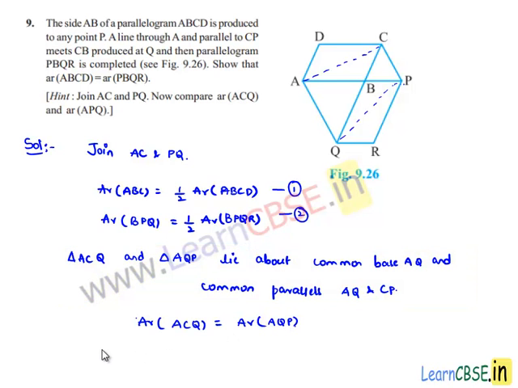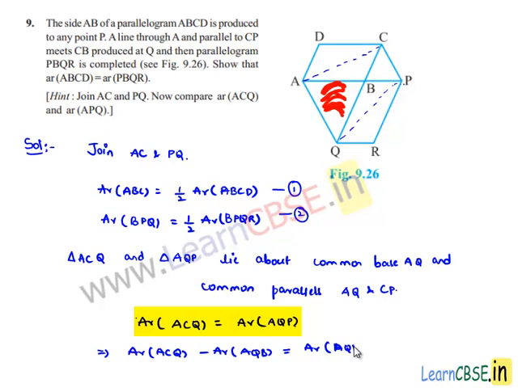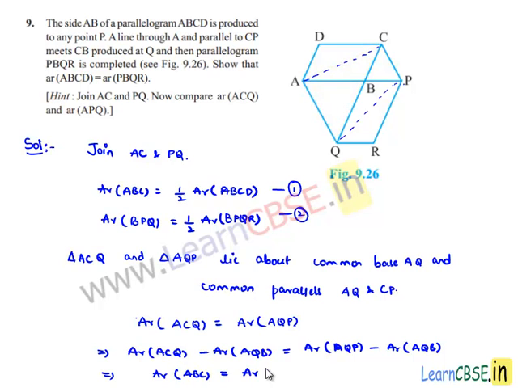From this, let us separate the area of triangle AQB. Then we get area of triangle ACQ minus area of triangle AQB is equal to area of triangle AQP minus area of triangle AQB, which implies area of triangle ACQ minus area of triangle ABQ or AQB is equal to area of triangle ABC or ACB, which is equal to area of triangle AQP minus AQB, that is BPQ.